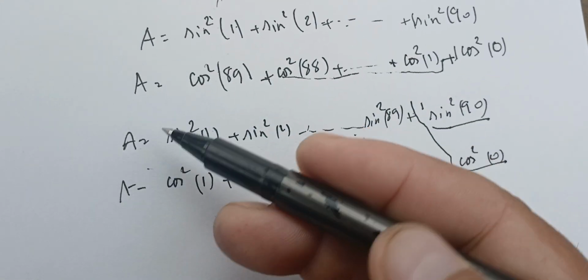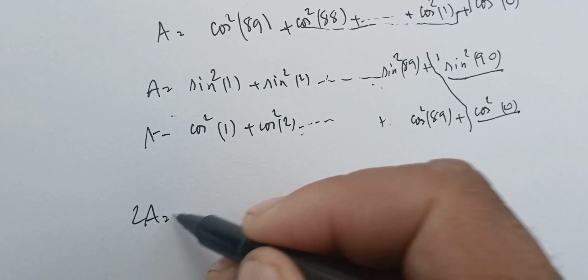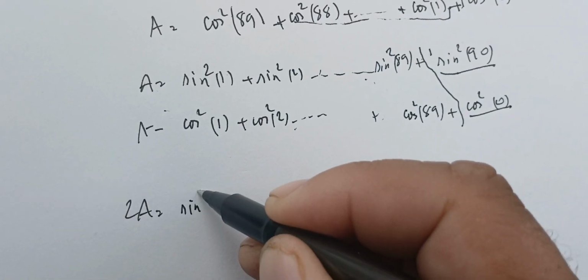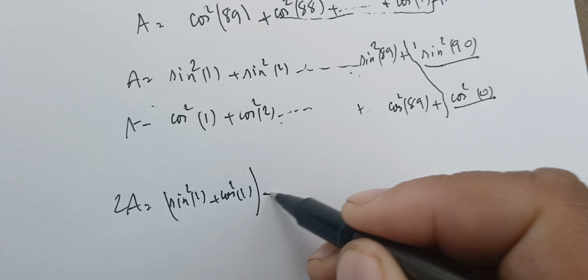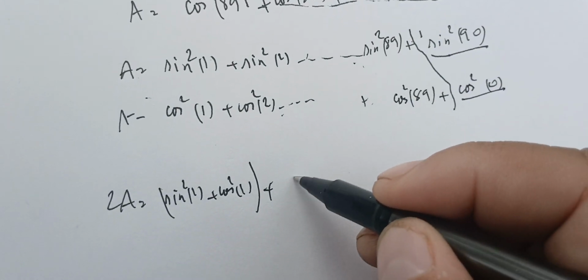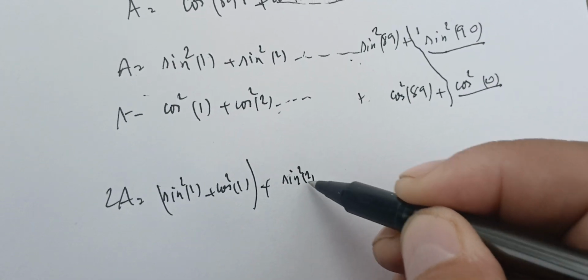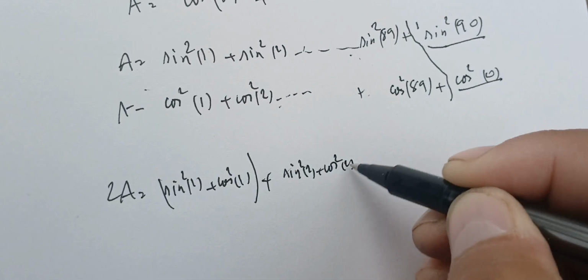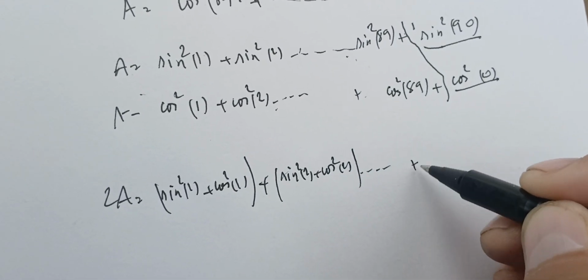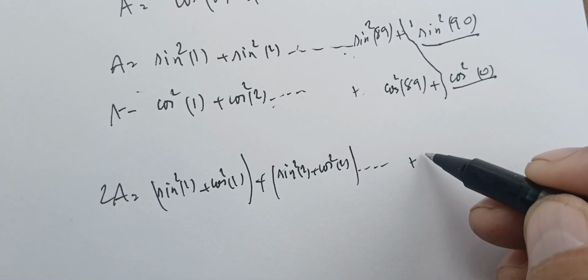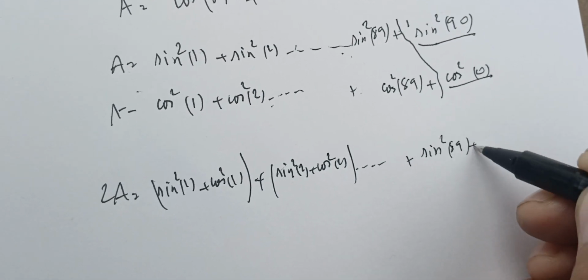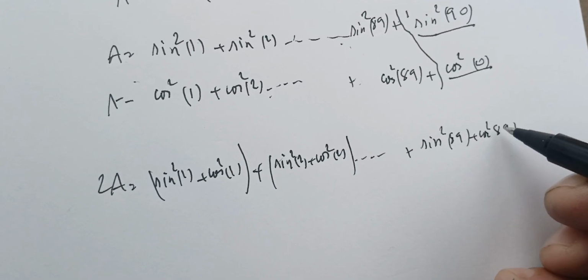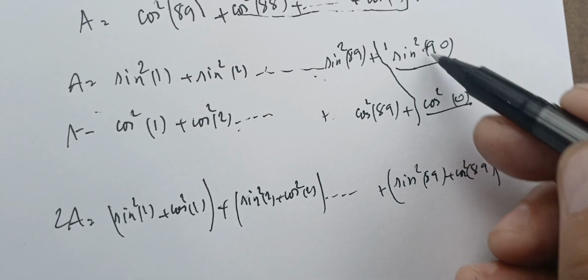Here I have a plus a, which is 2a. The first pair is sine squared of 1 plus cosine squared of 1. Next, sine squared of 2 plus cosine squared of 2, and I keep going until 89: sine squared of 89 plus cosine squared of 89.